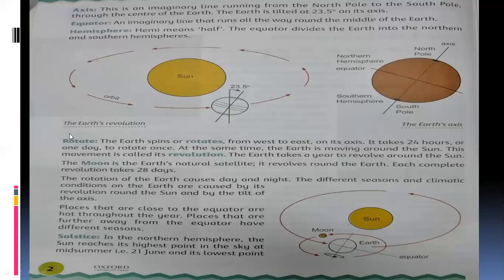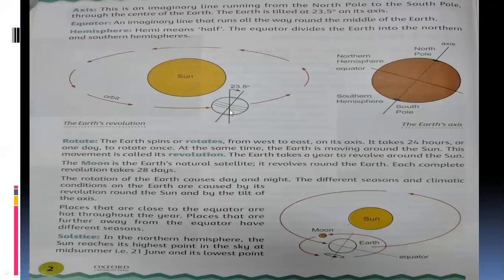Look here, orbit. It is also an imaginary line. We cannot see that one, but they sketch it to understand what the rotation is and how the rotation is made. The Earth, tilted at 23.5 degrees, orbits the sun.